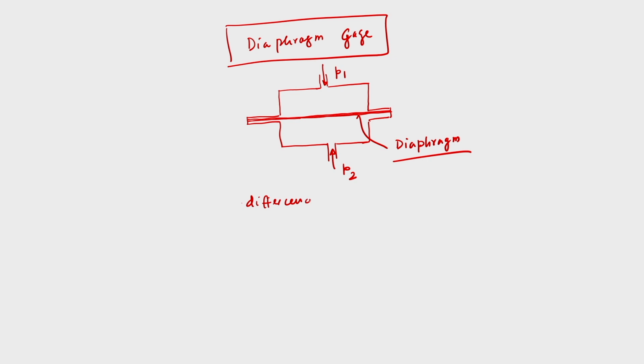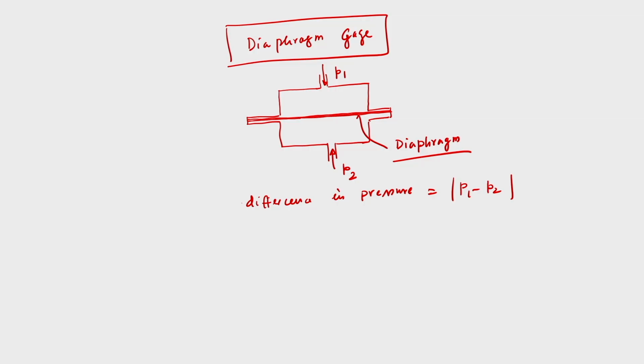So, the difference in pressure is P1 minus P2. That is what I said in the beginning, that these two gauges work on the principle that there will be a deflection when a pressure difference is applied.